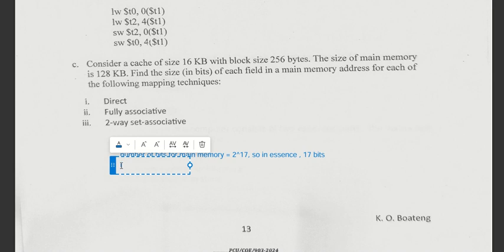Now, for direct mapping, you have to find the bits for the tag as well as the index. So let's find the index bits. You have 16 kilobytes, and you are dividing it into blocks of 256 bytes.